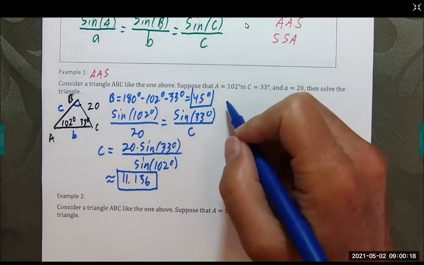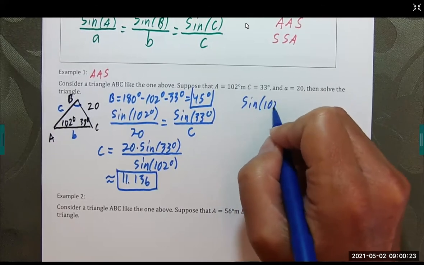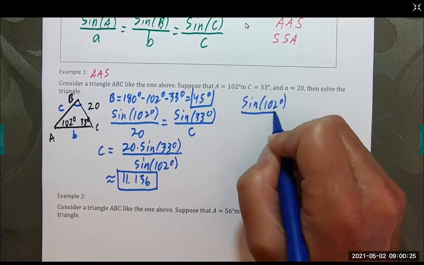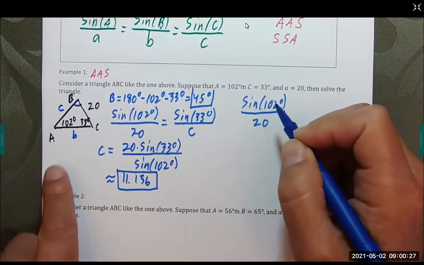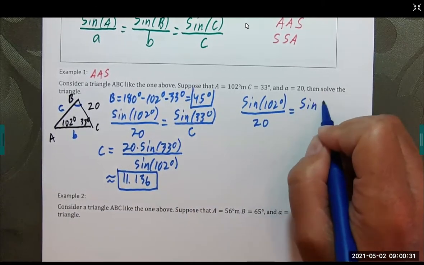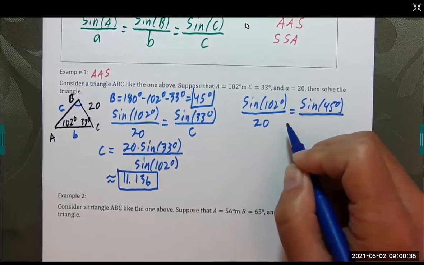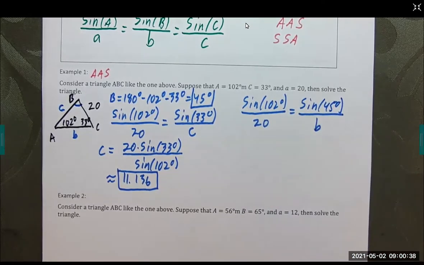Now I'm going to do it again. I'm going to say that the sine of 102 degrees over 20, now I'm going to use my new angle B, the sine of 45 degrees over side B. And once again, I'm going to cross multiply and divide.